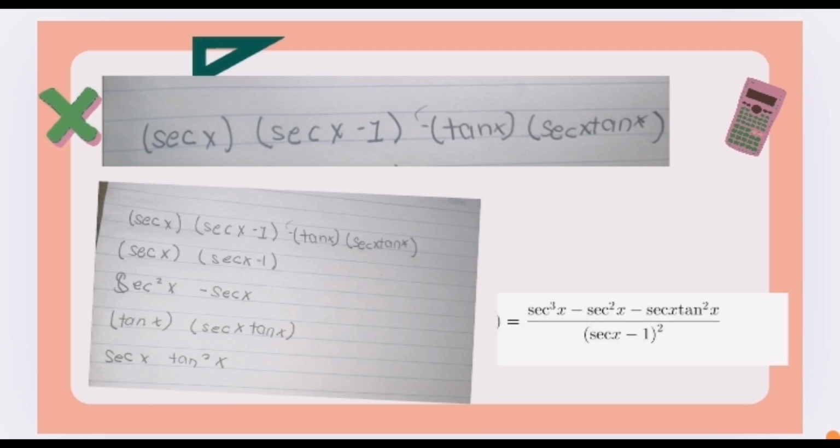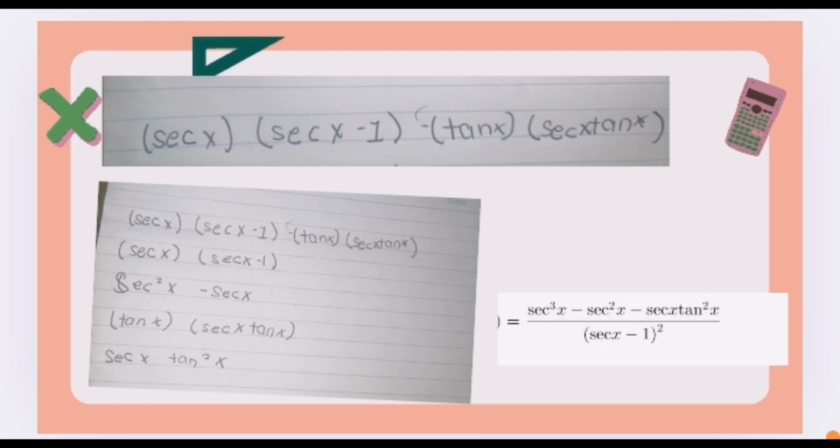Next, we expand the second term, which is tangent x multiplied by secant x tangent x, and that expands to secant x tangent squared x. Then we combine the expanded terms to form the numerator, which is secant squared x minus secant x minus secant x tangent squared x.